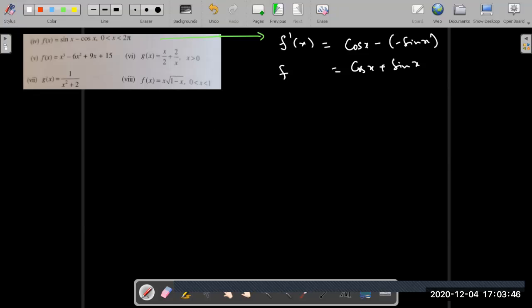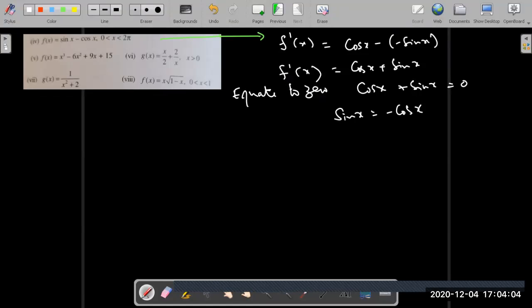So f dash x equal to 0. That means cos x plus sin x equal to 0. So sin x equal to minus cos x. So that means tan x equal to minus 1. So tan value is minus 1.